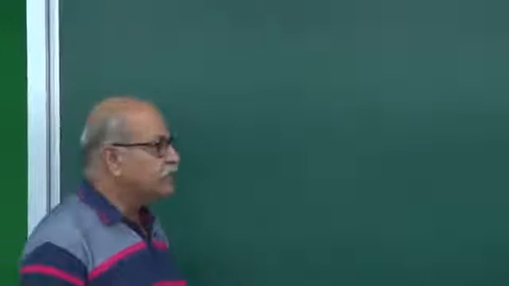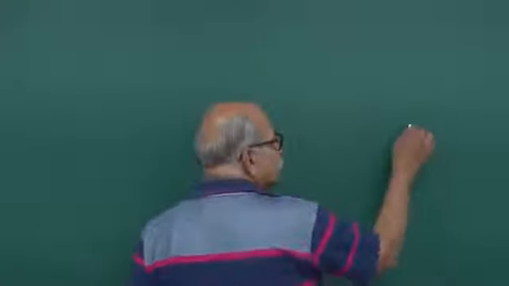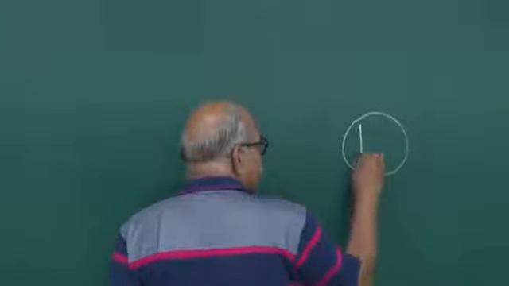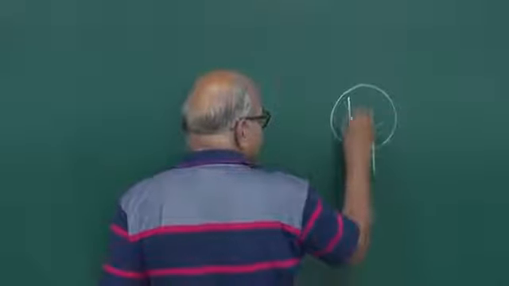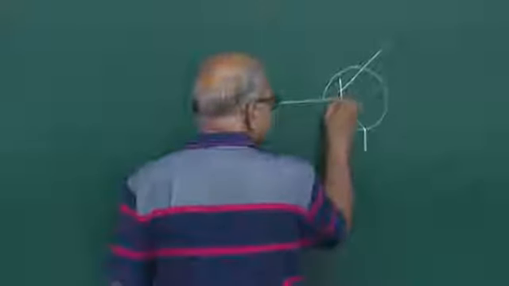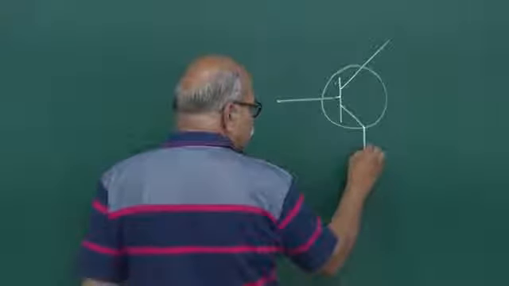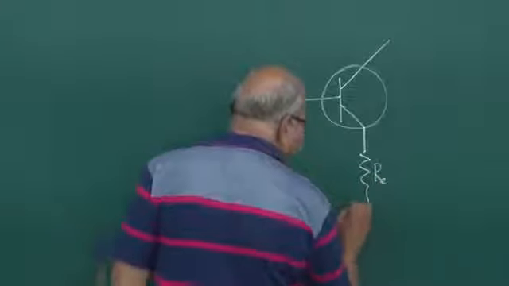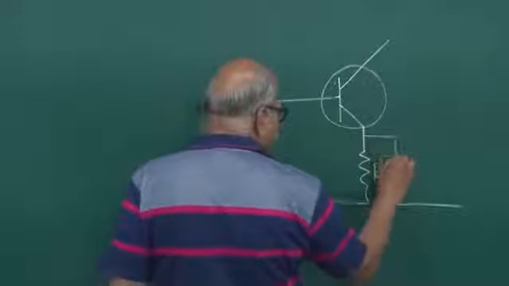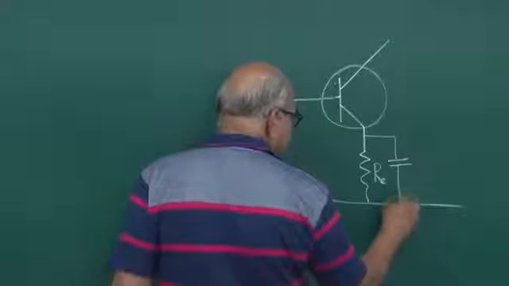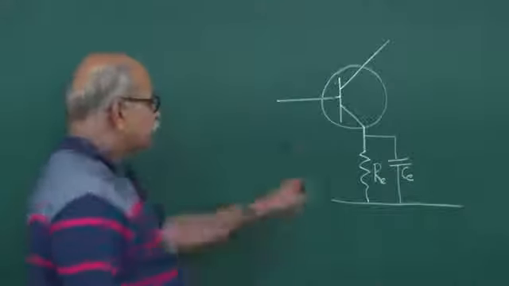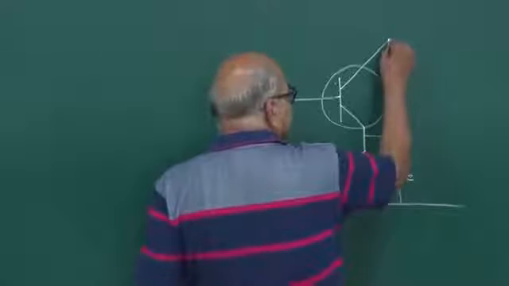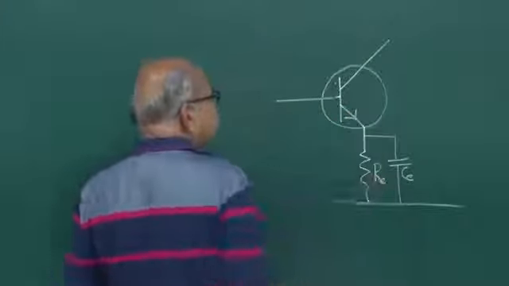So in a transistor amplifier in common emitter configuration, you have this emitter here and collector here, base here. Then you put this to ground through some resistance. In the actual case you also put some capacitor so that the alternating signal is bypassed from here, and then this side should be forward biased, and this is an NPN transistor.